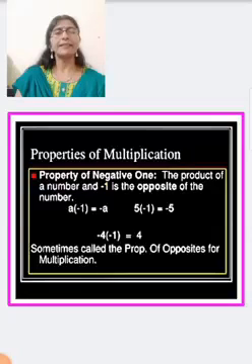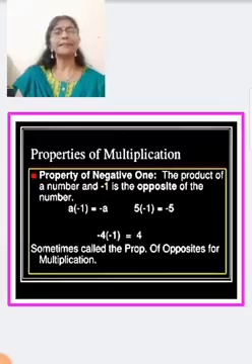For example, 5 multiplied by minus 1. So 5 is positive and 1 is negative. Plus multiplied by minus is always minus. So the product will be minus 5 1s are 5. So you will get negative 5.